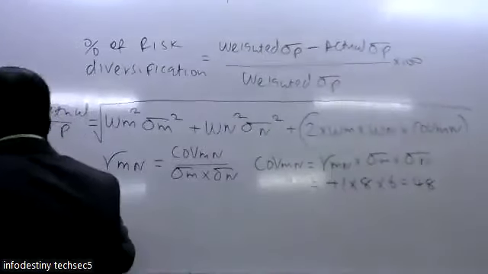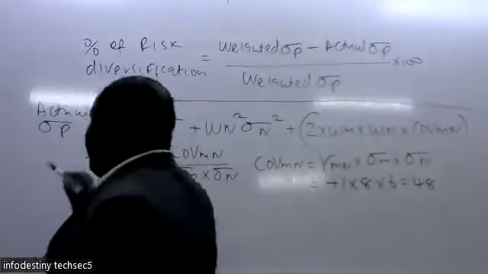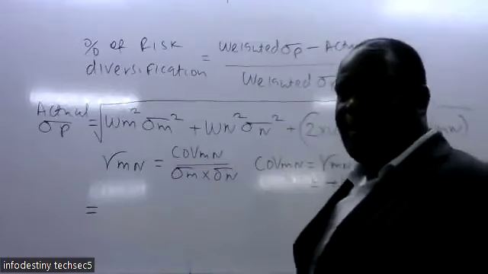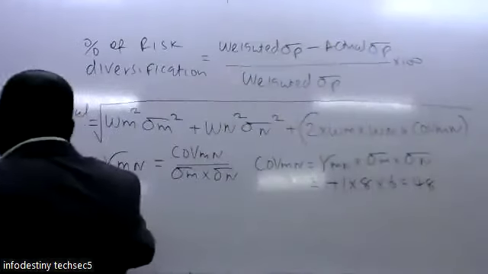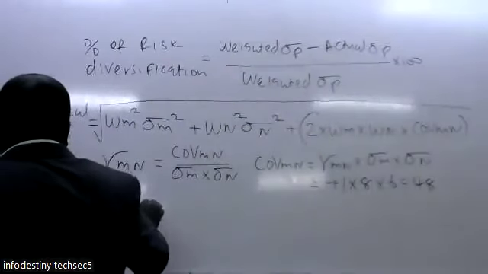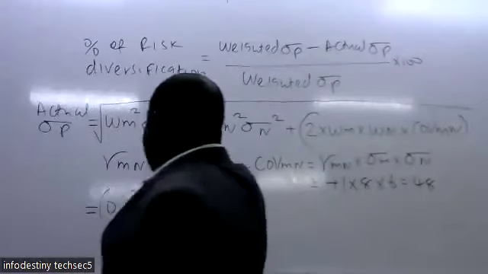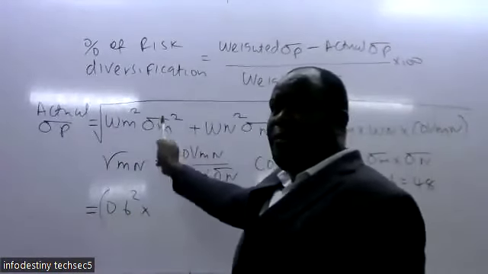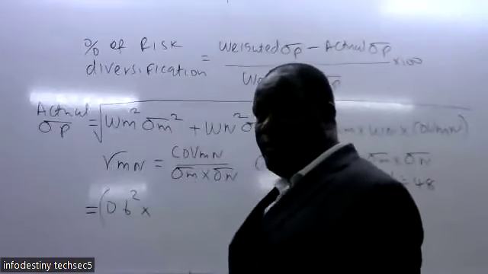So the weight for M, you have seen the 0.6? Yes, so we take the 0.6 squared. This is the variance for M. To get the variance for M, you square the standard deviation.